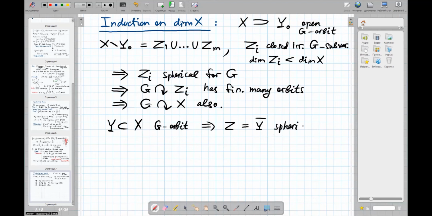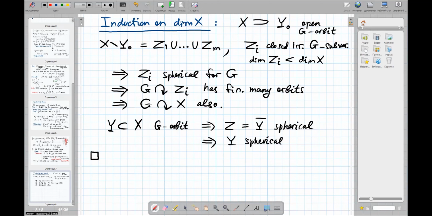Well, maybe non-normal, but spherical. And therefore the open orbit in it is also spherical. This proves the last statement of the theorem and the whole theorem, finally.